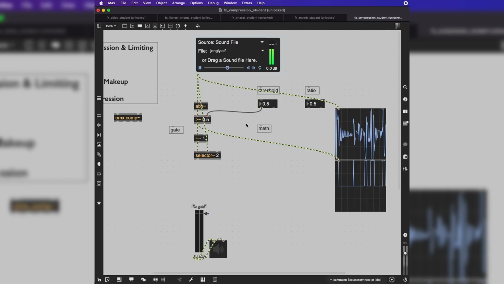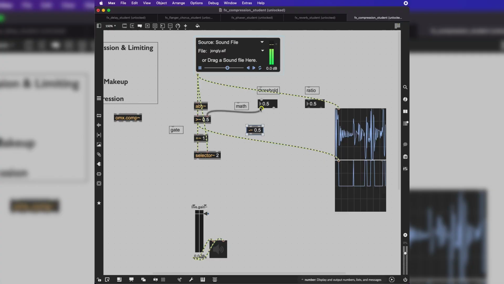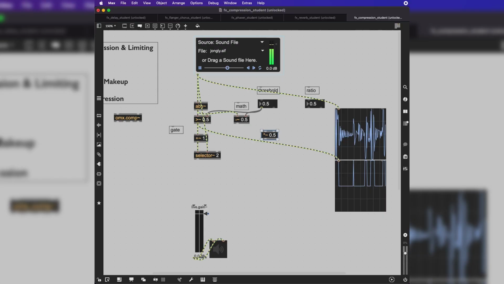What we want to do is a little bit of math. We're going to say, okay, it's great that you get an absolute value of everything, and then maybe I can take out my threshold from that signal, 0.5, or we can attach this here. I'm going to take out my threshold value, and whatever is left as sample value, I'm going to multiply by the ratio, which is also 0.5, but we connect this here.